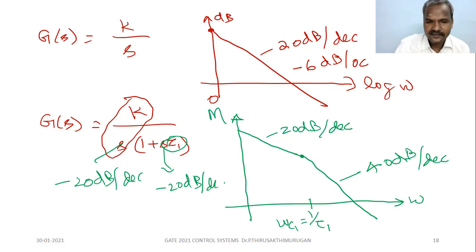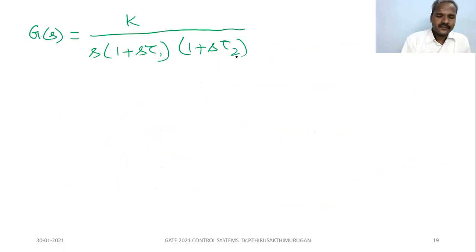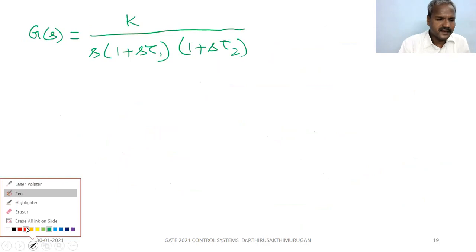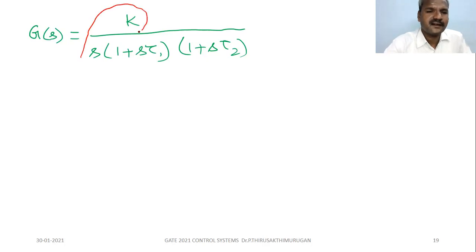Then next you see the standard transfer function: G of s equal to K by s into 1 plus s tau 1, 1 plus s tau 2. Understand? You can easily tell the answer for this transfer function. See, first we have this factor K by s, one factor.